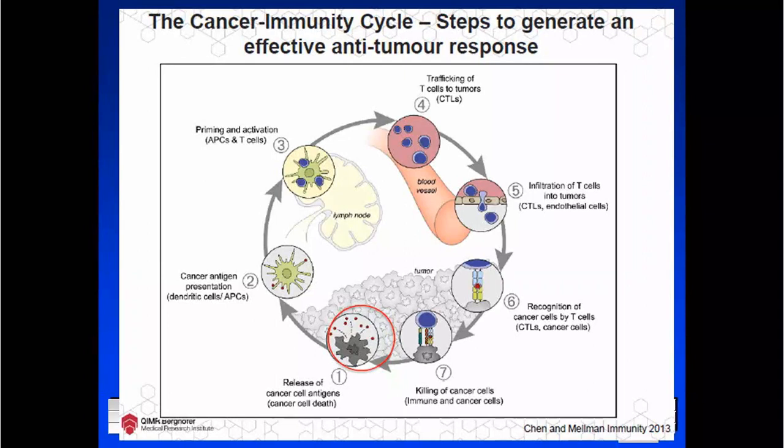In the sixth step, these primed cytotoxic T lymphocytes recognize tumor cell antigen and kill them in the last step. And this is, as you see, a continuous and dynamic cycle, and there is a continuous battle between the immunity and the cancer.